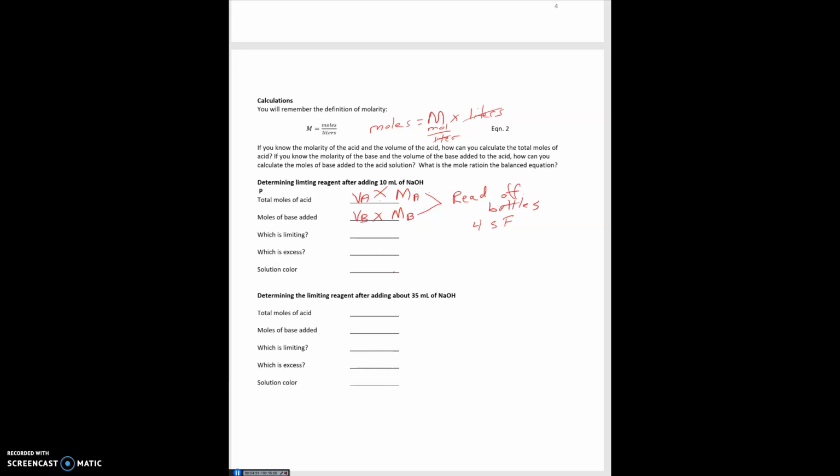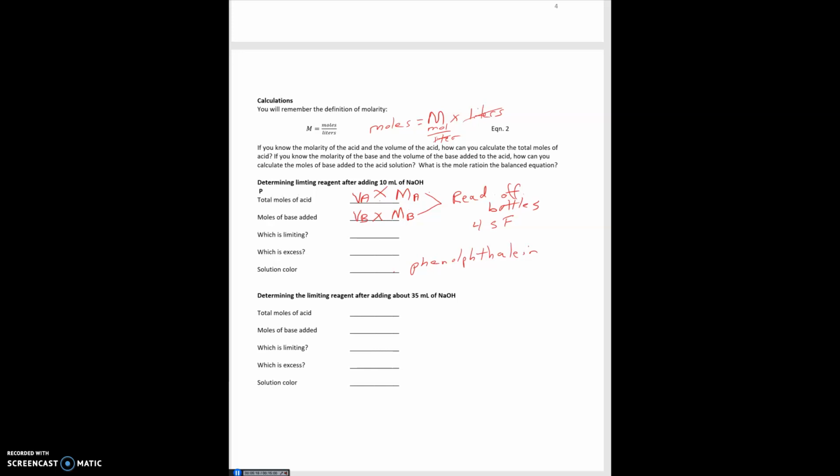The solution color is going to come from phenolphthalein. Phenolphthalein is colorless in acid and red in base. So the solution will stay colorless right up until the point that it becomes basic.